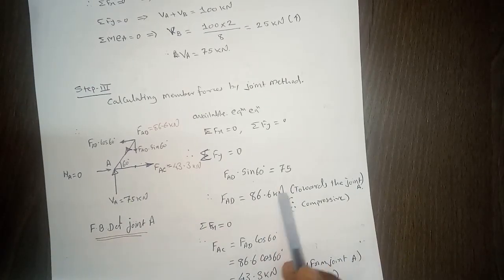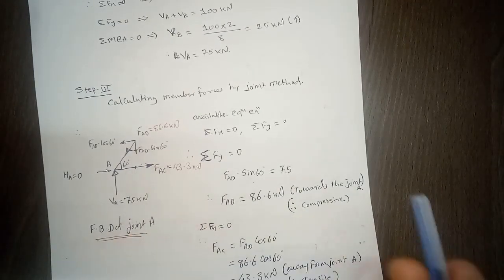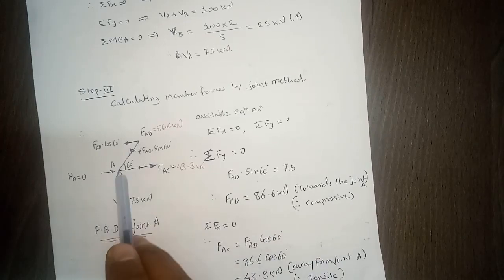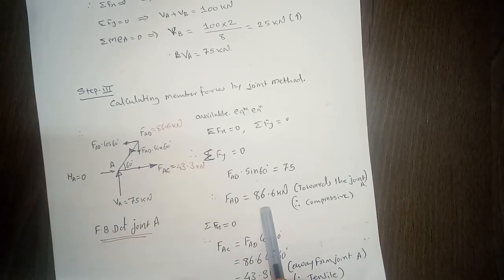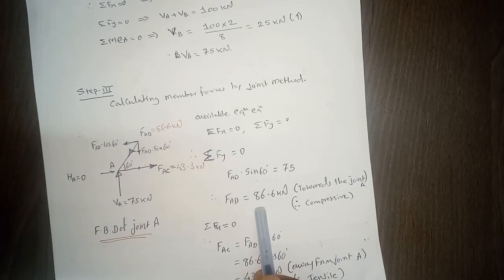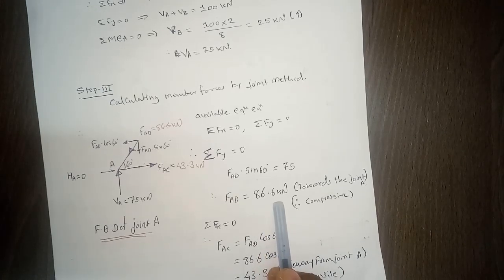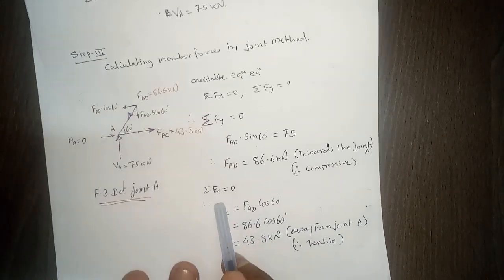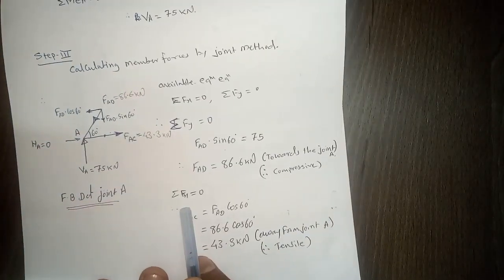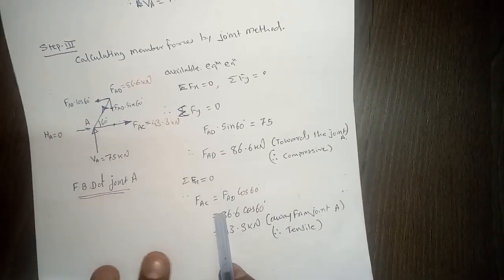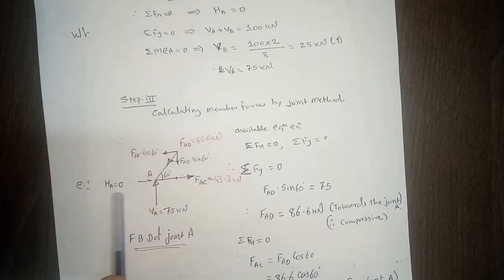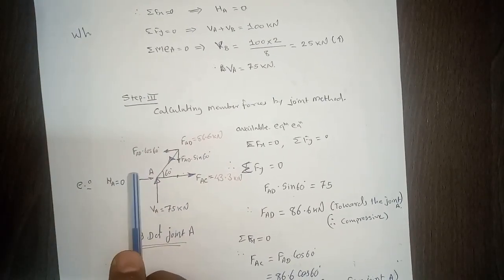Generally we write compressive force as negative and tensile force as positive, that we'll see later. But what is more important here is that it is a compressive force, and it is 86.6 kilonewton. Now if you use the second condition, summation Fx equal to 0, then how many horizontal forces do we have? This HA is there, but anyway that is 0.